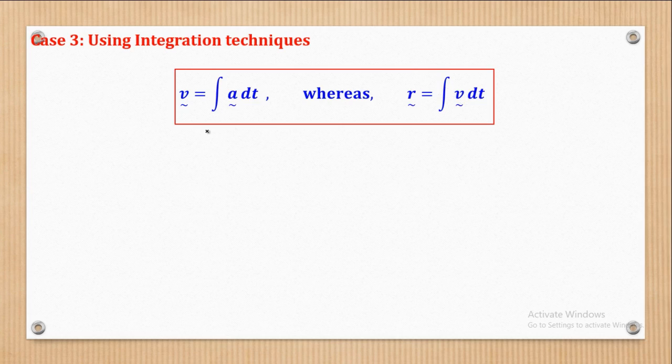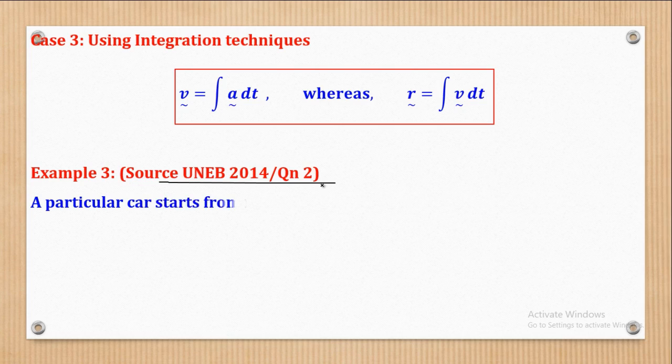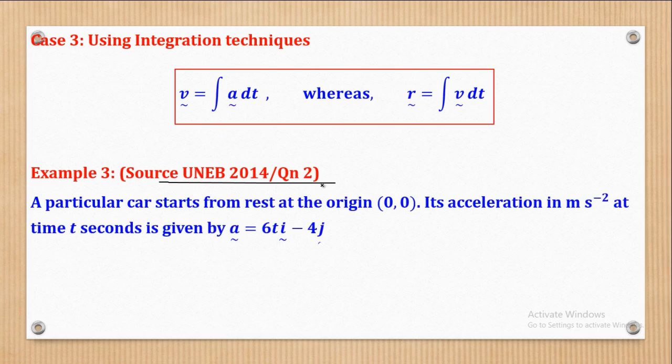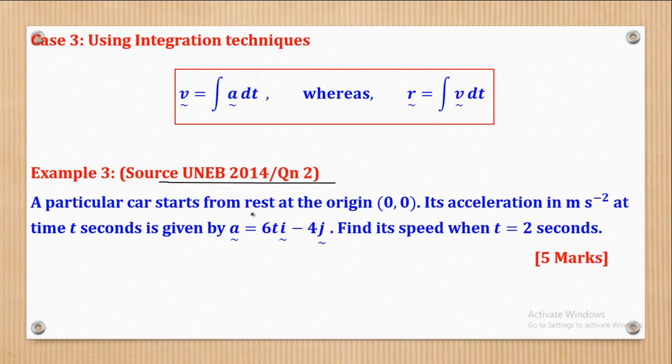Now with that knowledge, you shall be able to get the solution for example 3. So example 3 came from UNEB 2014 paper 2 question 2, and it says a particular car starts from rest at the origin, note those two words, rest and origin, which is 0, 0.